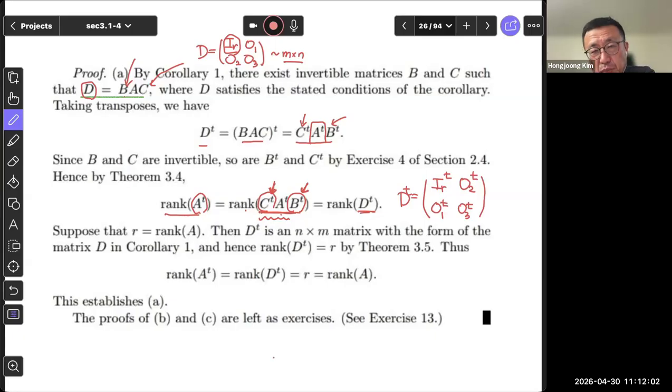The transpose of I sub R is meaningless because I sub R is an R by R identity matrix. Its transpose is the same as I sub R. So, given this D transpose matrix, these R columns will be linearly independent, and that will give you the rank. So given this D transpose, the rank will still be R.